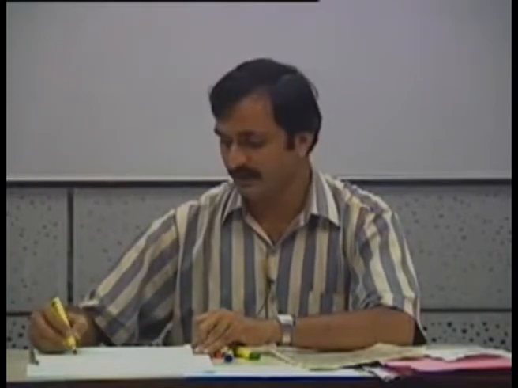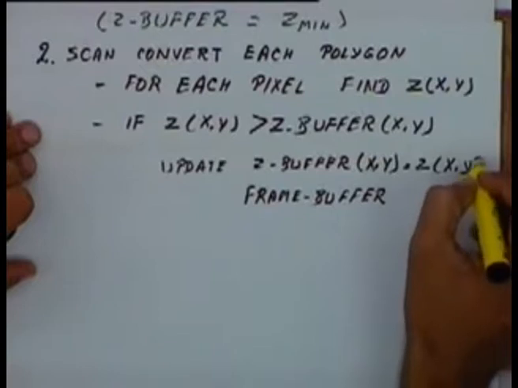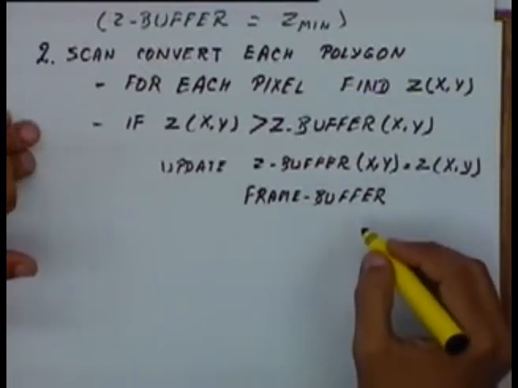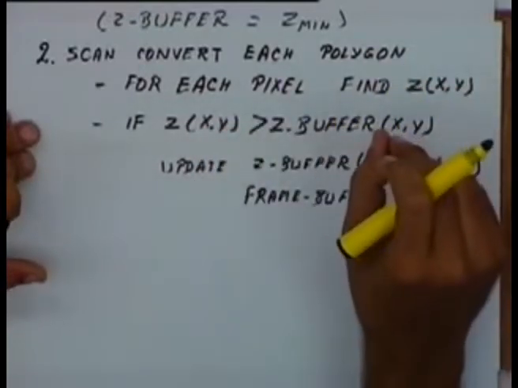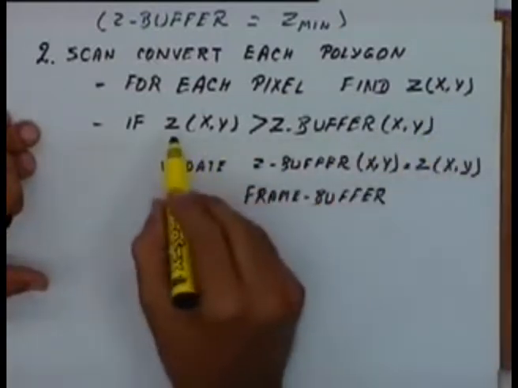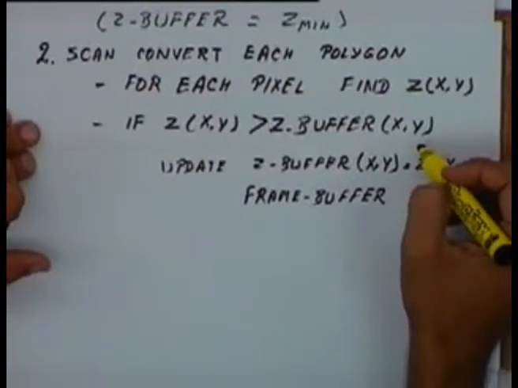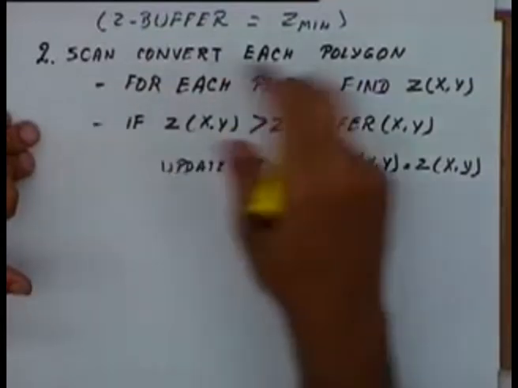So z buffer at xy will be equal to z of xy, and the frame buffer will be updated according to the color and the intensity of that polygon. So both z buffer and frame buffer for that polygon will be updated if z of xy is greater than z buffer of xy. And this process will repeat one by one for every polygon.